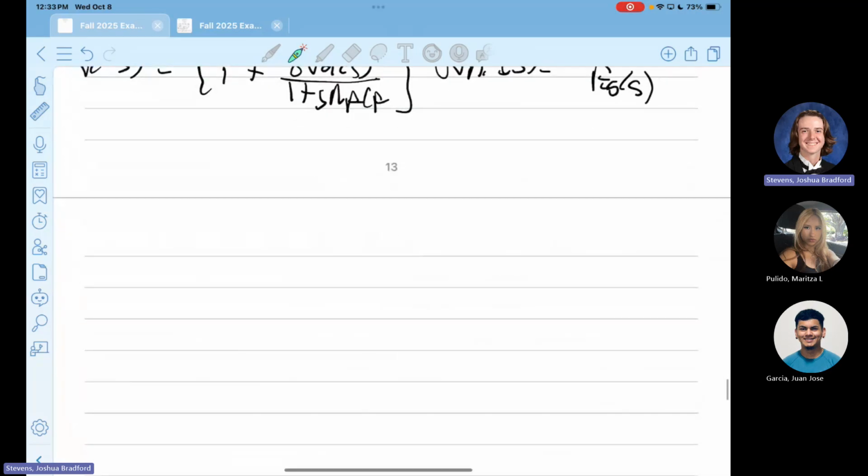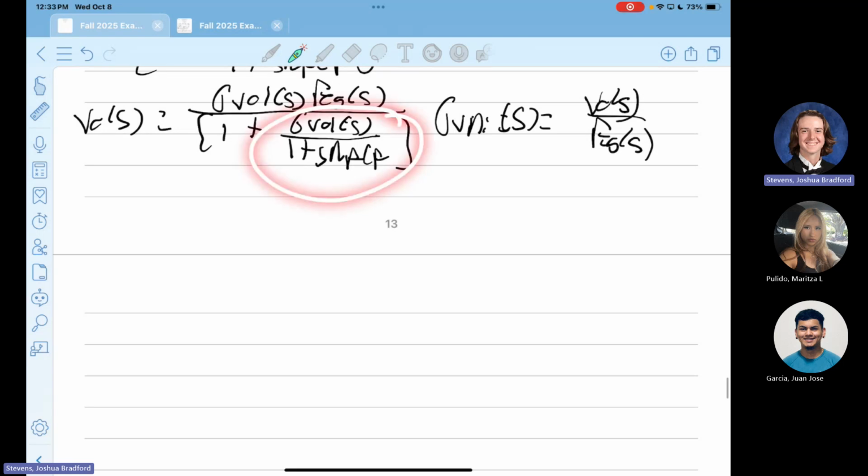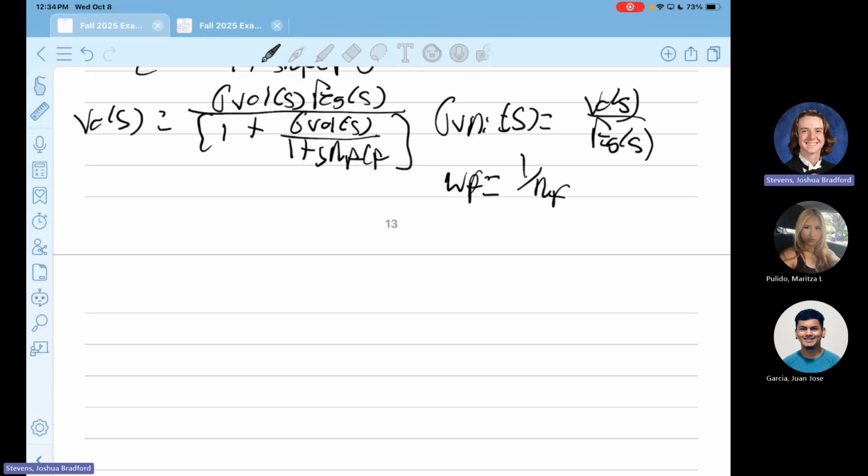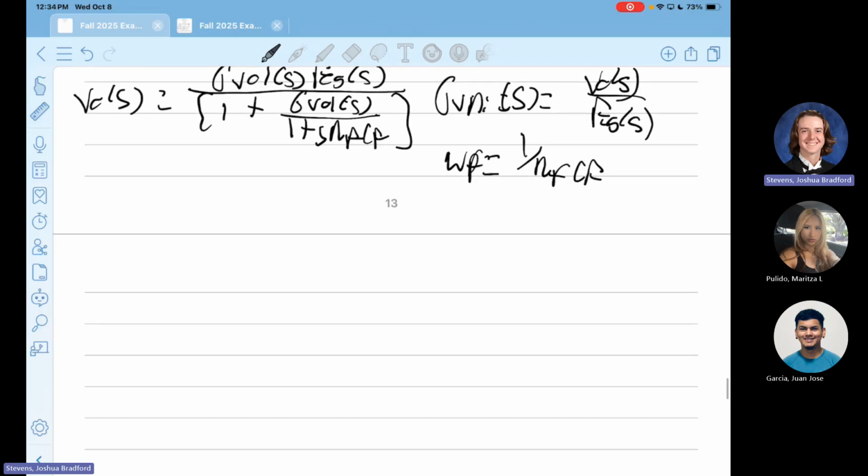I'm going to make this like that, to where I have a 1 over, or 1 plus S over something. And I'm going to make that something called omega F, 1 over R F C F. Just kind of makes it easy.